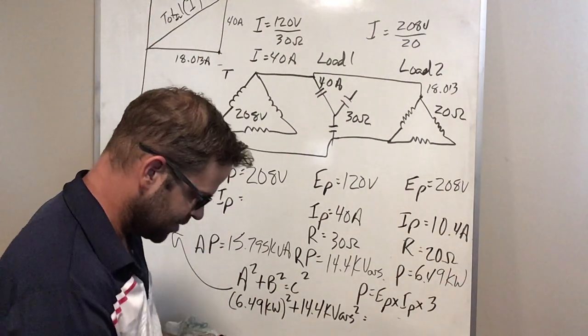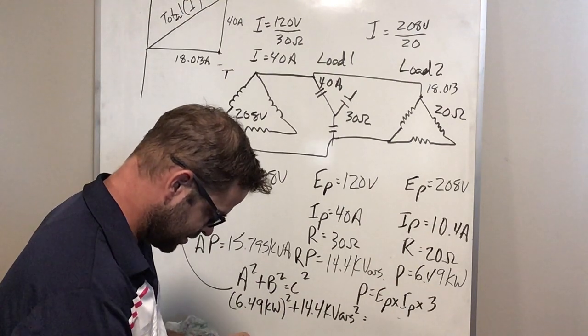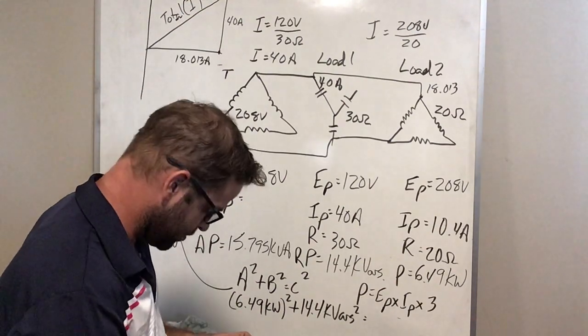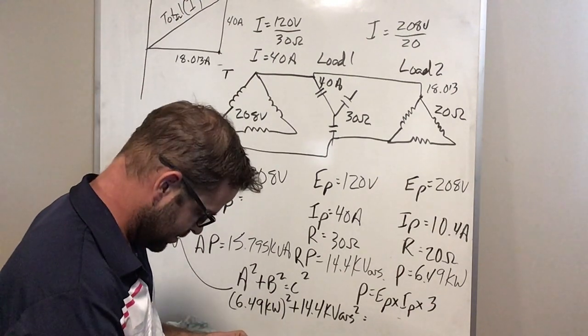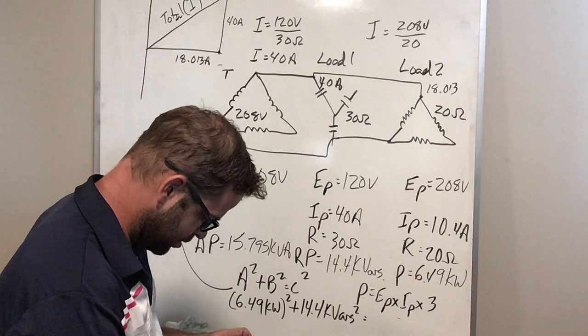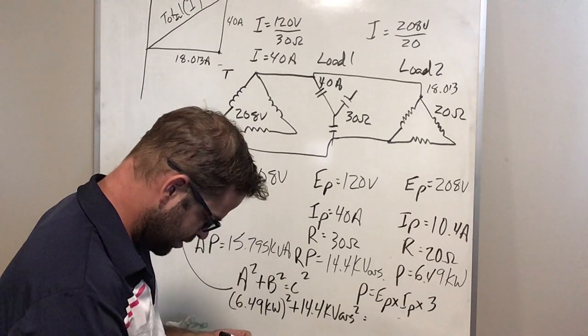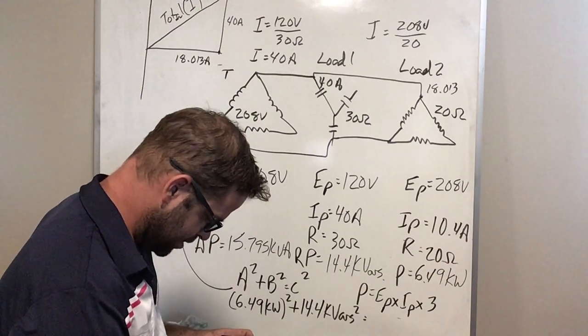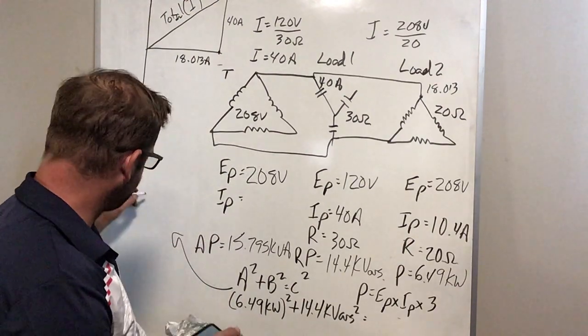So if I work backwards here, I've got 18.013 squared plus 40 squared, and my phone doesn't like me.